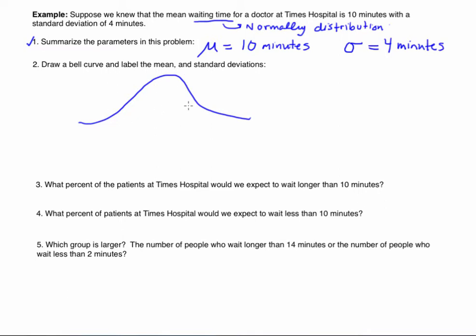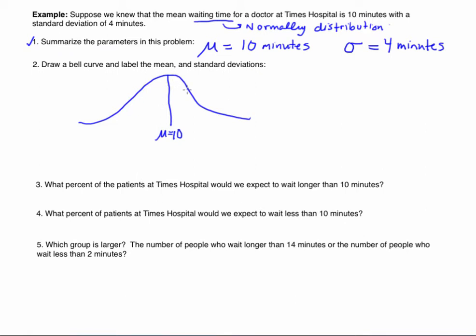So just assume that this is a perfect bell curve. What we know about a normal distribution is that the mean is right in the middle. So in this example, if the waiting times are normally distributed, its histogram is going to have this bell curve, and 10 is going to be right in the middle.